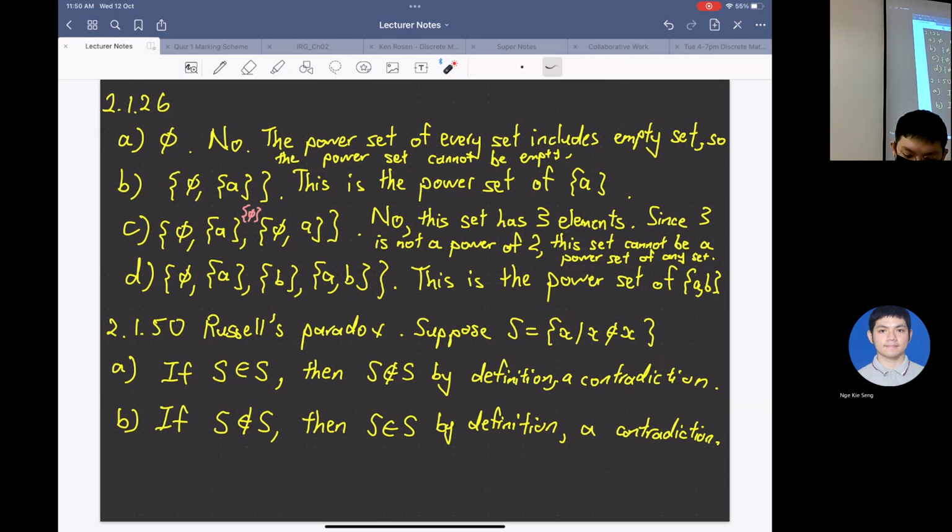Once you specify the domain, you restrict your elements and then it should work. Otherwise, you can jump into some paradox.